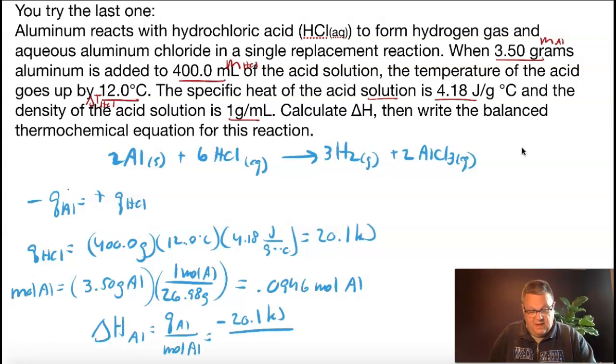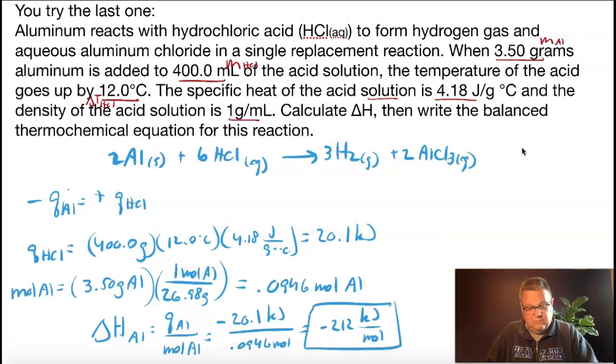And we're going to divide that by moles of aluminum, 0.0946 moles, and we get, to 3 sig figs, negative 212. Okay, that's my delta H.